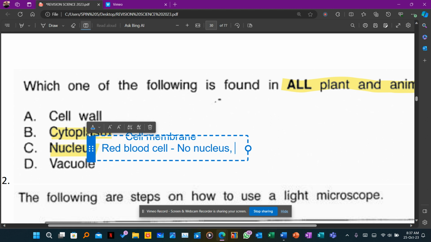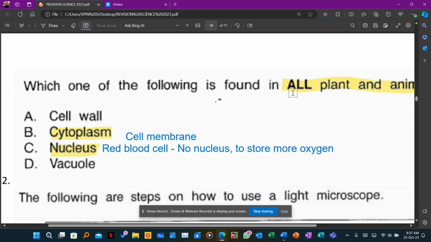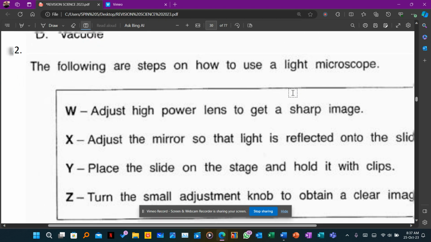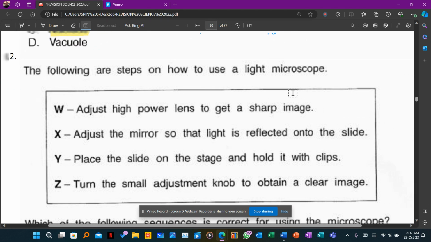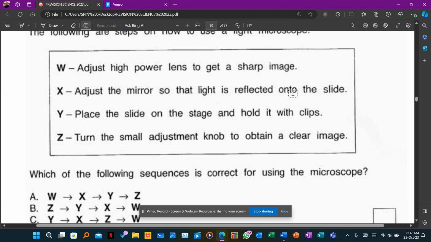You can think of cytoplasm as the body and cell membrane as the skin. Right? Let's go. Next one, how to use a light microscope. So this one we have done during practical.